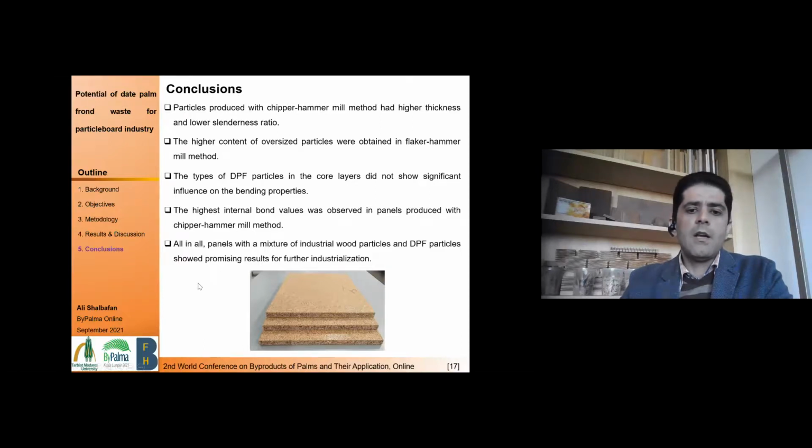I would say this is the optimal chipping process for this type of lignocellulosic material. All in all, panels with a mixture of industrial wood particles and date palm frond particles showed promising results for further industrialization.